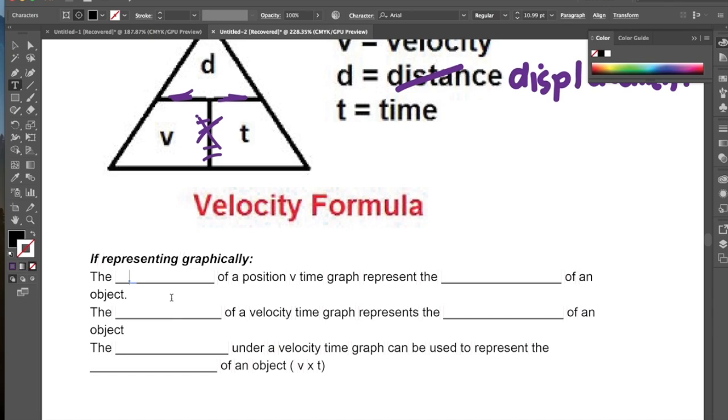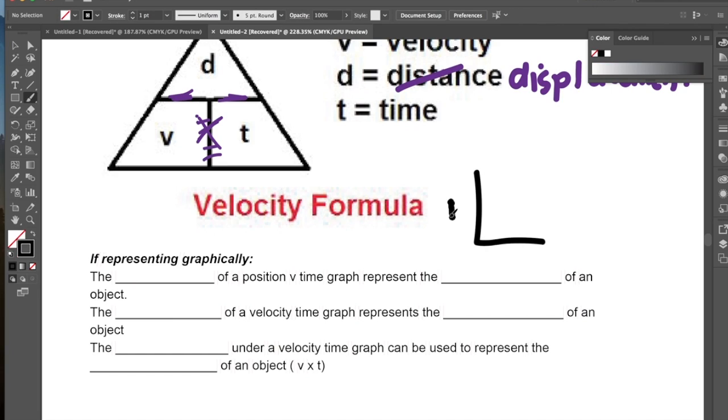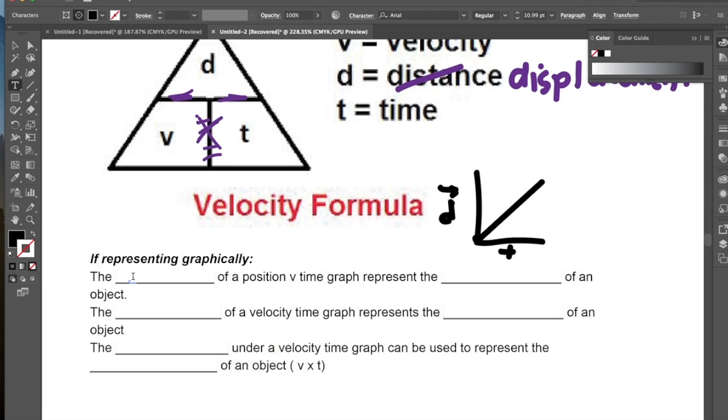On a position versus time graph, so a graph of position or displacement over time, the slope of this graph represents the velocity of an object. And we know slope is rise over run, so if it's displacement over time, well, we already mentioned displacement over time is velocity.